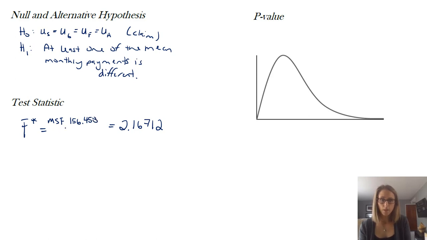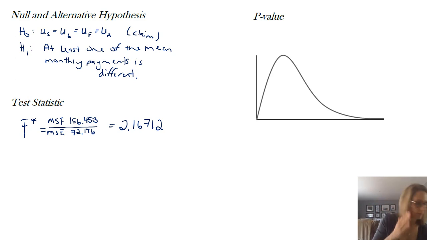And then dividing that by, if you scroll down in your ANOVA, you should see MS error, and that is 72.196 to 3 decimal places. And that ratio is what gives you the 2.1672.